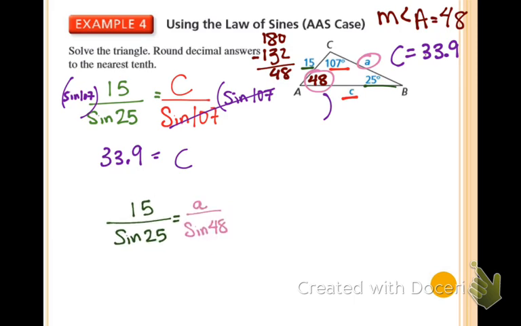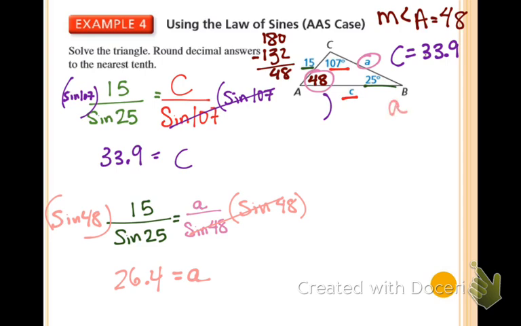How do we solve for side A? Multiply. Rounded to the nearest tenth, 26.4. So A equals 26.4.